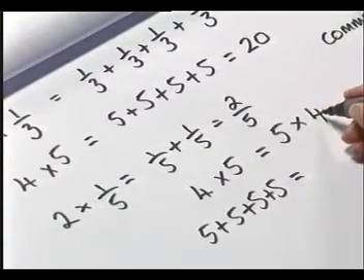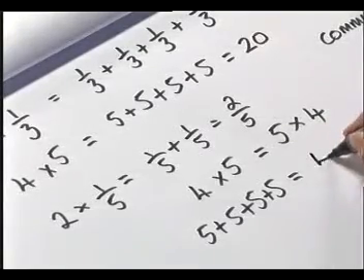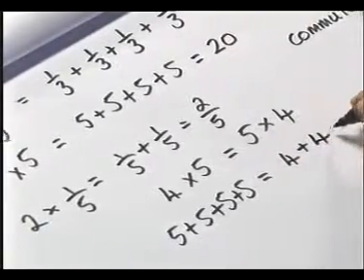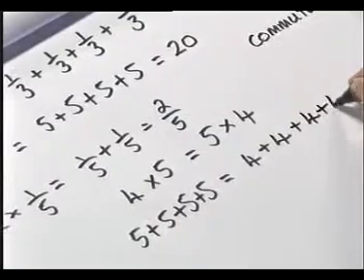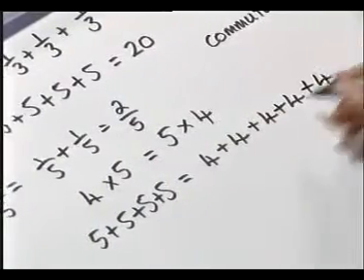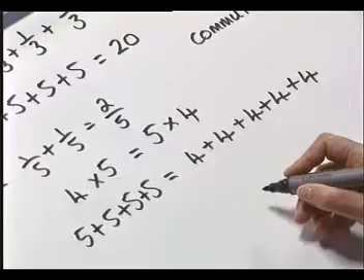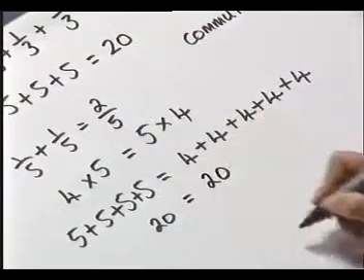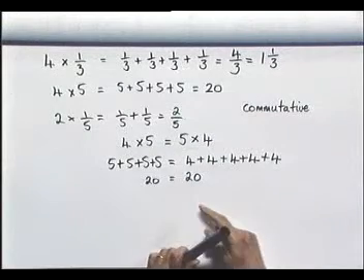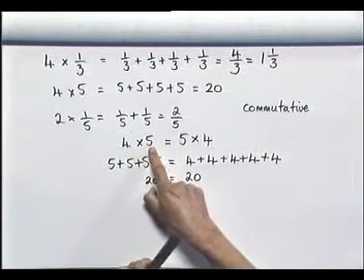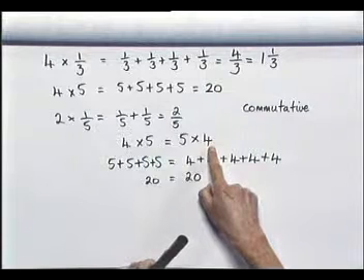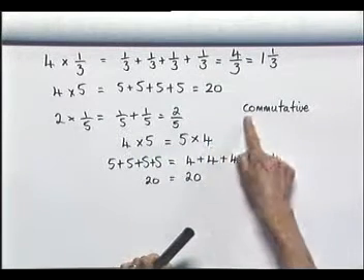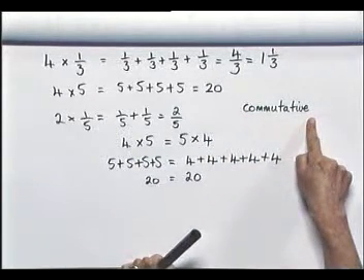And our 5 times 4, our 5 lots of 4, is 4 plus 4 plus 4 plus 4 plus 4. So we have 4, 5 times. And they are exactly the same, giving us 20. So it doesn't matter whether I write 4 times 5 or 5 times 4, because multiplication is commutative.